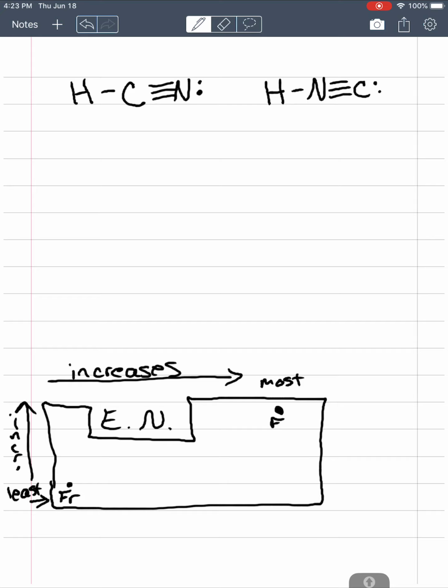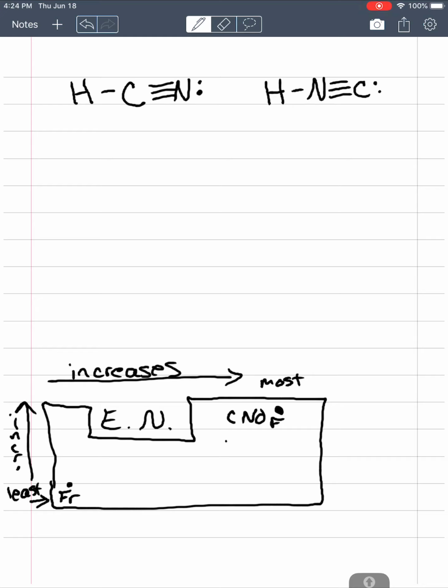So if I have nitrogen, which is about here, and carbon, which is about here, let me make sure that's right before I go on with this. I'm pretty sure that's right, but I'm not looking at a periodic table. And I'd hate to be thinking that I'm right and getting it wrong. Yeah, that's right. And then there's oxygen in the middle.